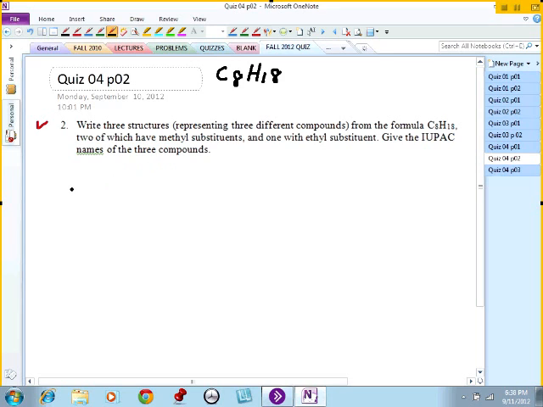This is what I have in mind. I want to put 2 methyl groups as substituents. What that means is the longest carbon chain must be what? 6. Okay? So therefore, I start with this. But like I say, if you decide to use only one methyl substituent, I will give you full credit.